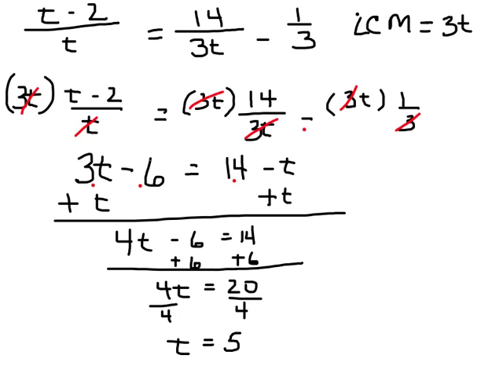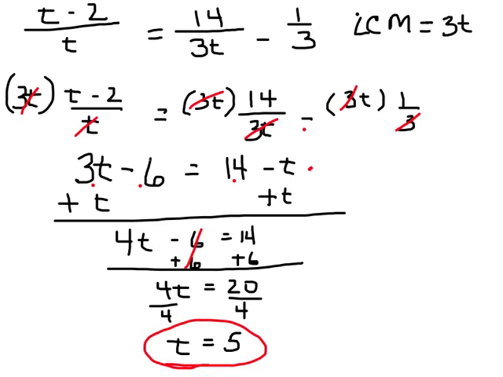So we have 3t minus 6 equals 14 minus t. Let's move this t and get it over here with the other t's. So we'll add t to both sides, and we get 4t minus 6 equals 14. Now let's move our negative 6 by adding 6, and we get, these are gone, 4t equals 20. Divide by 4 to get t by itself, and t then is equal to 5.